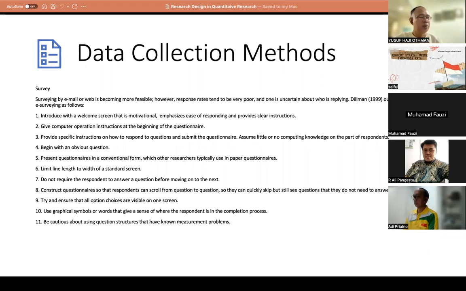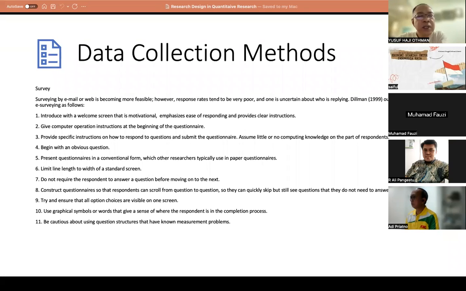Emphasize to the respondents that it might take 5 minutes, something like that, that it is easy to answer the questionnaire. Give instructions at the beginning of the questionnaire in the Google Form.